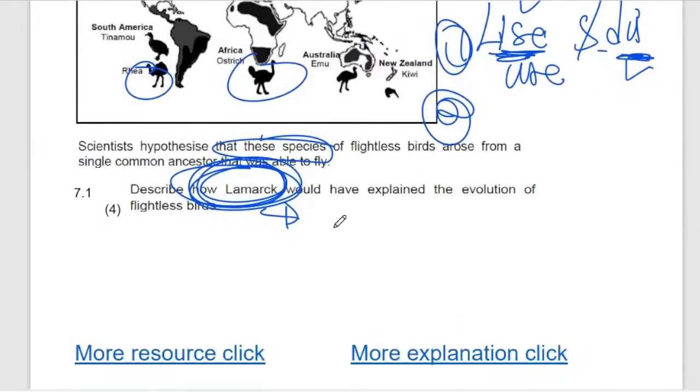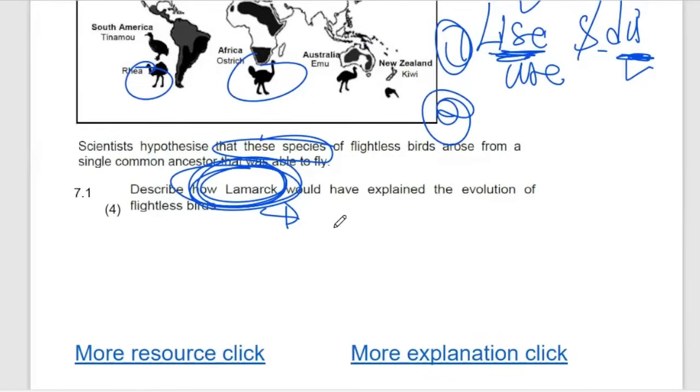They reduced how frequently they were using their wings to fly. You understand? And then the wings maybe became smaller. Is it clear? They became smaller and weaker, maybe. And then they couldn't fly. You see?